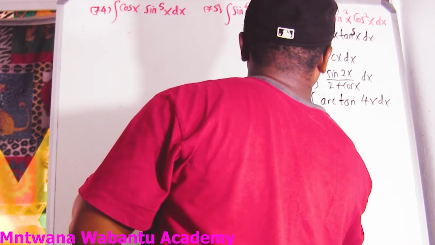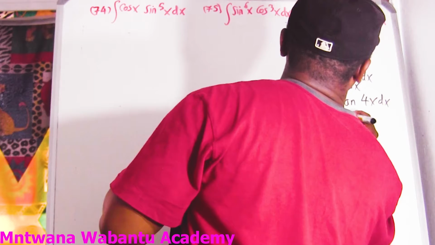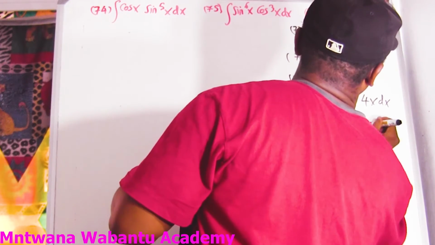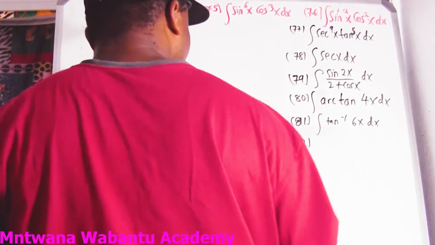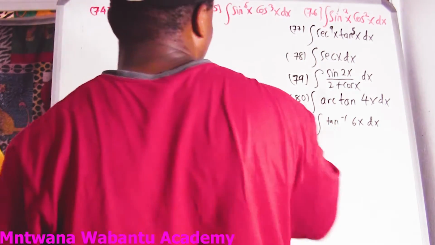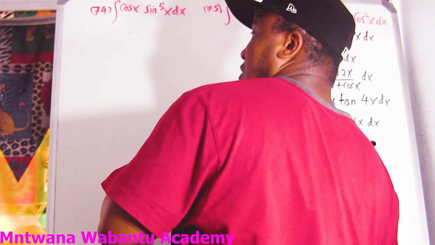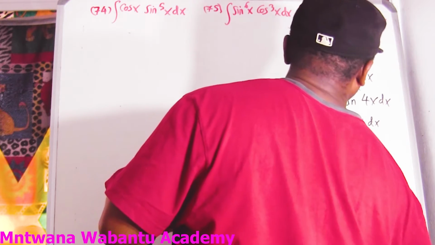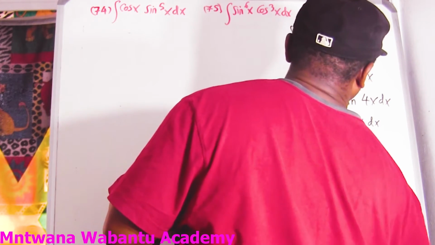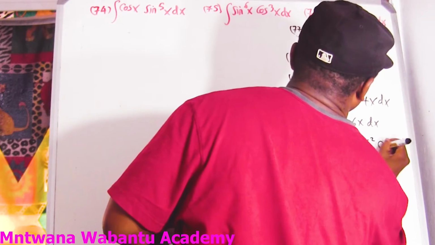Okay, 81, integral tan inverse of 6x dx. 82, integral of cos inverse, or you can say arc cos, the same thing, cos inverse of, let's say, x squared dx.